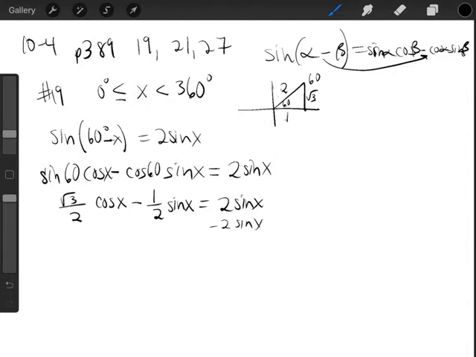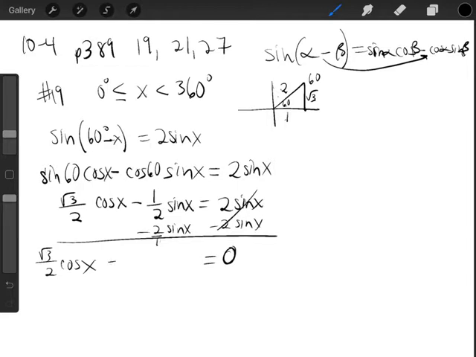Now I'm going to subtract 2 sine of x from both sides, because it's always helpful when I can get an equation equal to 0. That's very powerful. And over here, I'm going to combine like terms. So I'm going to change this into like 4 over 2, so that's a negative 5 halves sine of x.